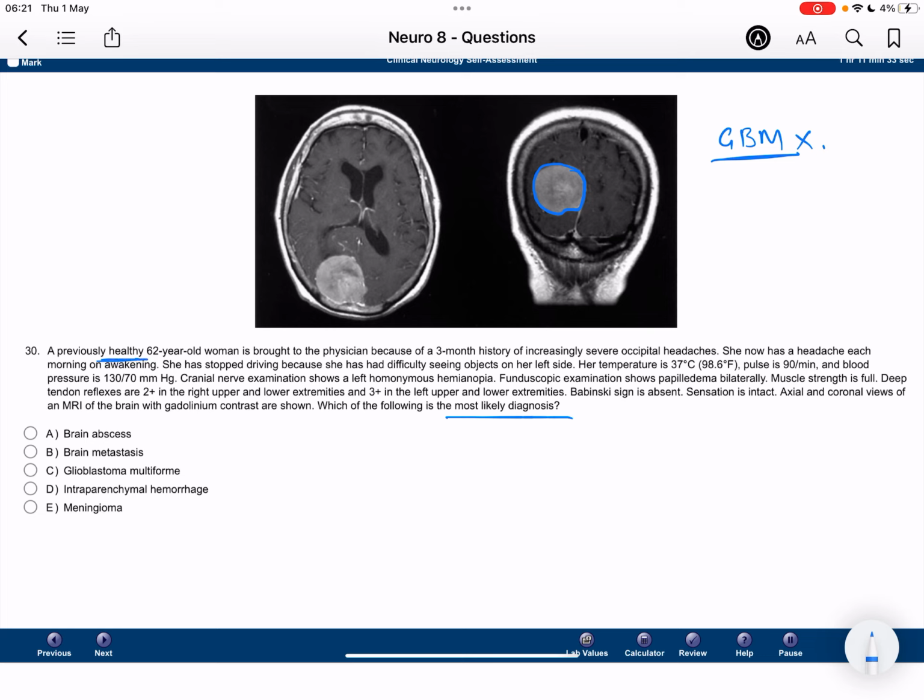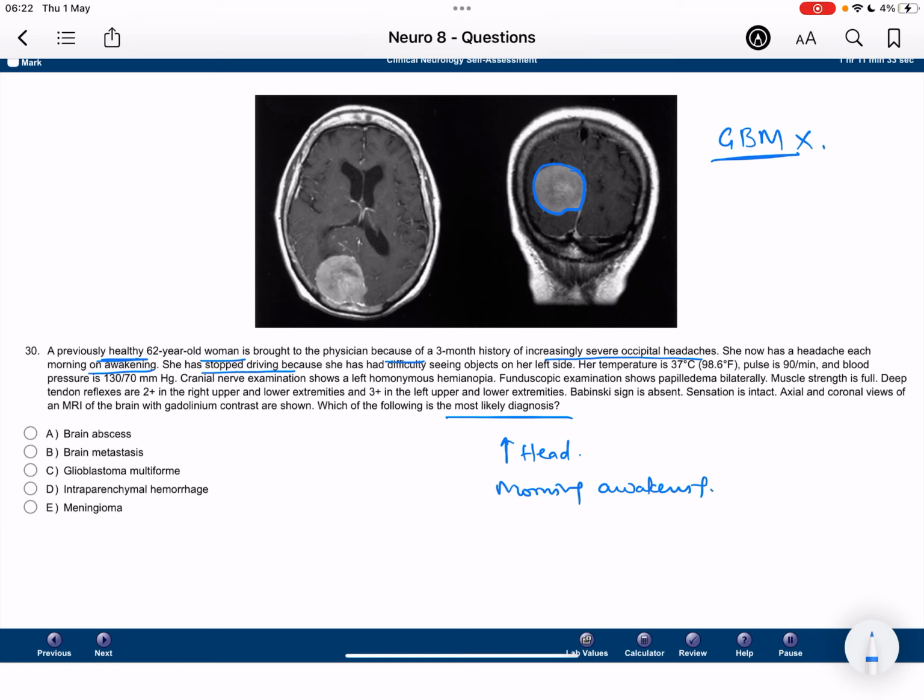A healthy 62-year-old woman is brought to the physician because of a 3-month increasing history of severe occipital headache. She now has a headache on morning awakening. So he's talking about raised pressure.